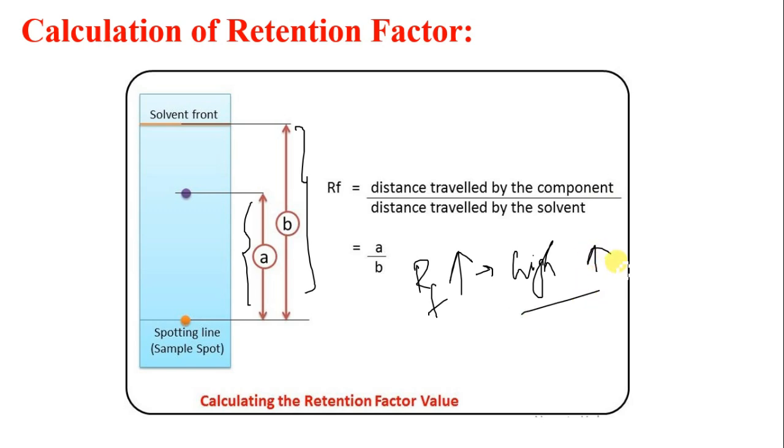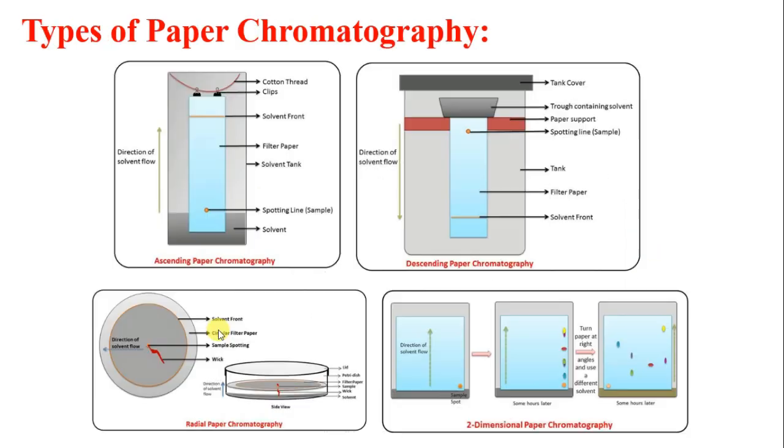Clear? But if my RF is low, then we have low mobility. That means it moves a very short distance. That is called the RF factor.